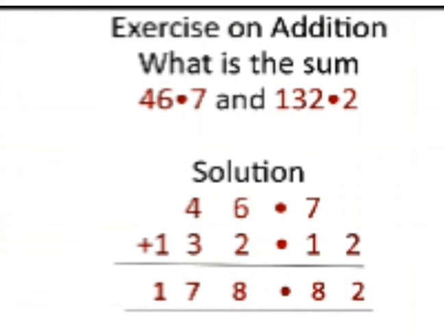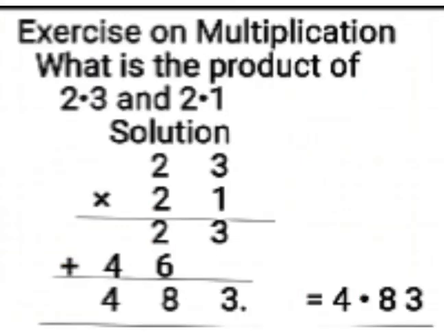You were also taught multiplication with decimal numbers. Let's look at one example. What is the product of 2.3 and 2.1? When multiplying with decimal numbers, pretend as if the decimal points do not exist. After you're done, look at that long multiplication there. The final answer is 483.